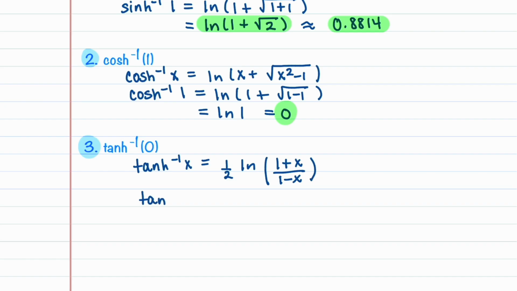So we have inverse tanh of 0. This is 1/2 natural log of just 1 plus 0. So we have a 1 on top, and then we have a 1 on the bottom. So this is 1/2 natural log of 1. Natural log of 1 is 0, so our answer is just equal to 0.